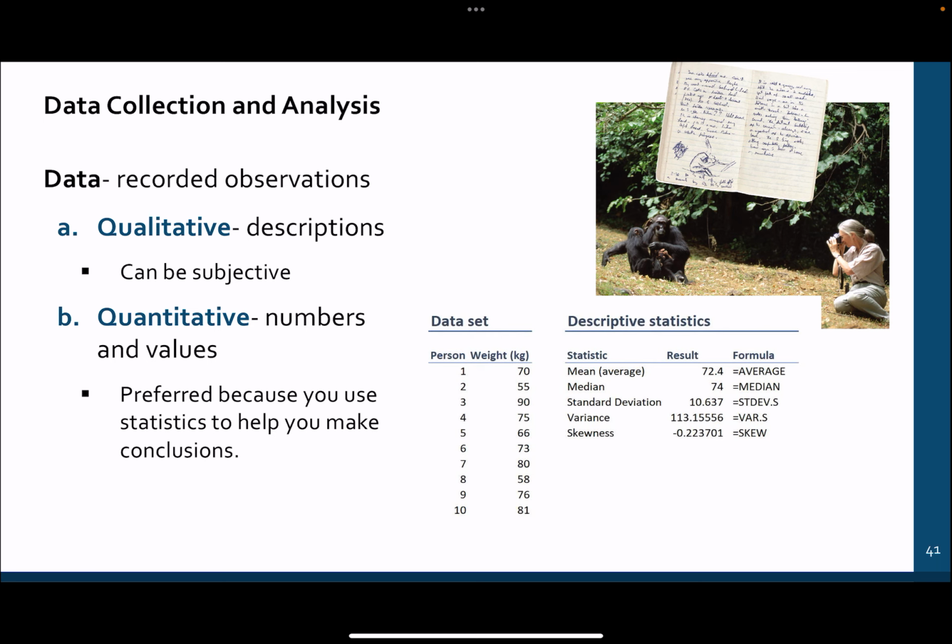And that's because it's really easy to set a range. It's really easy to set a maximum and minimum value. And along with that, when we have numbers and values, we can use statistics to help us determine whether or not our values are significant.